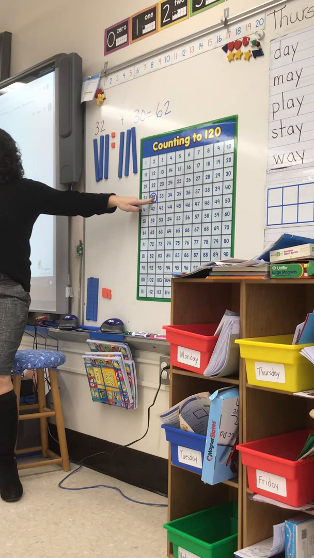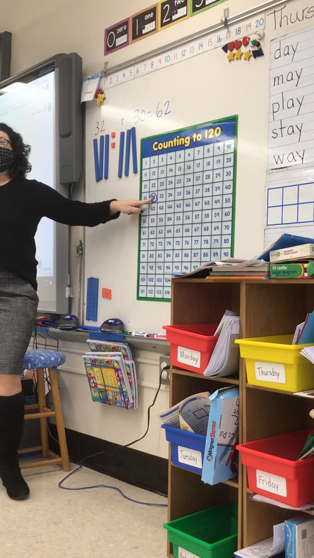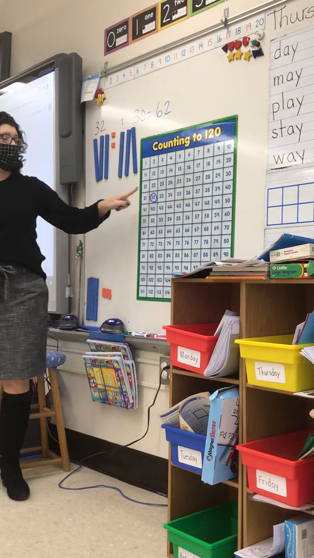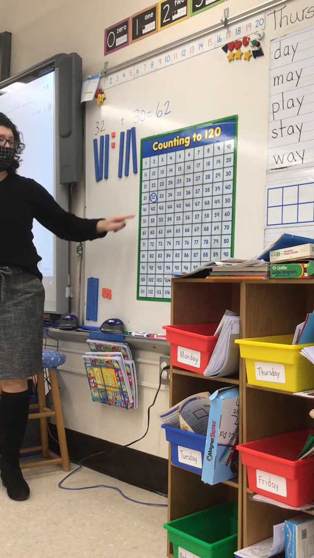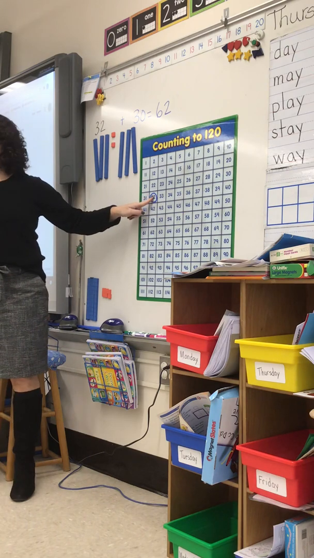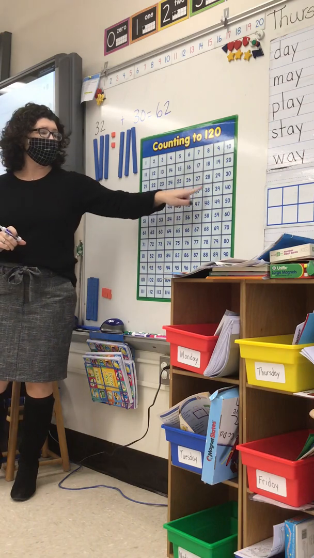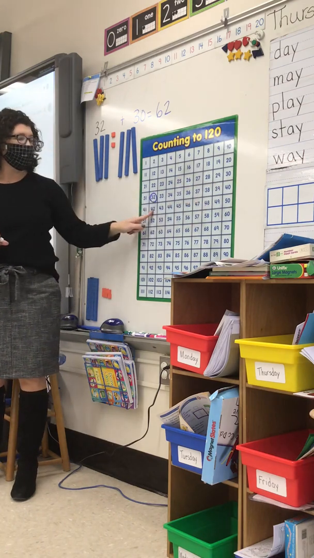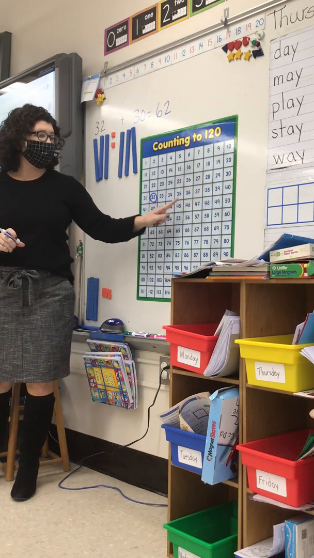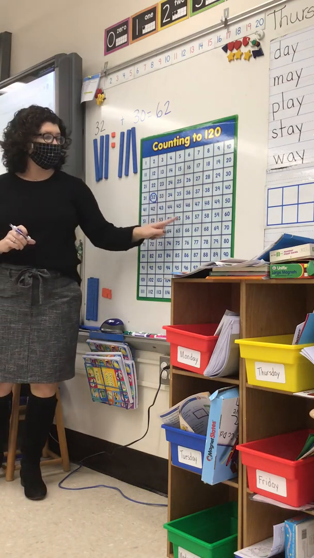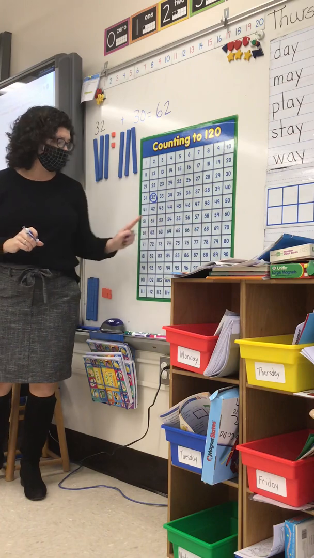When we add 30, we know 30 is 3 tens. When we do 10, we go down on the 100 chart. So I could count 10 times like this. 1, 2, 3, 4, 5, 6, 7, 8, 9, 10.